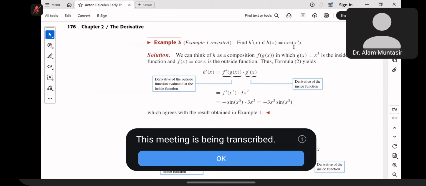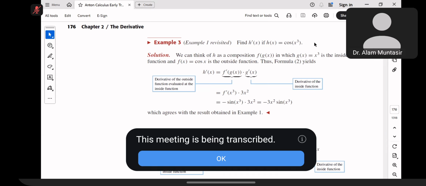That means whenever you are asked to get the derivative of cos x cube, first consider it as cos x. So what is the differentiation of cos x? Minus sin x. And here instead of x we have x cube, right?